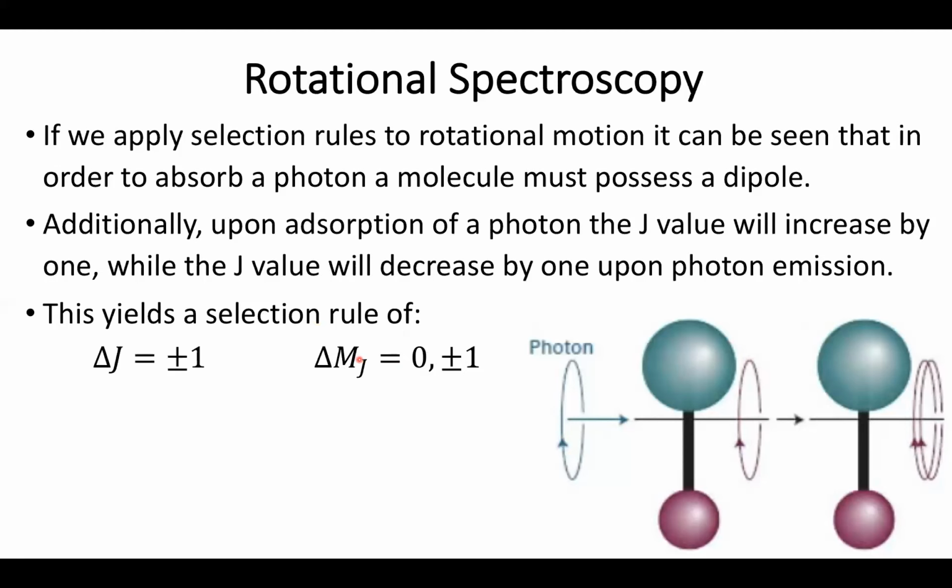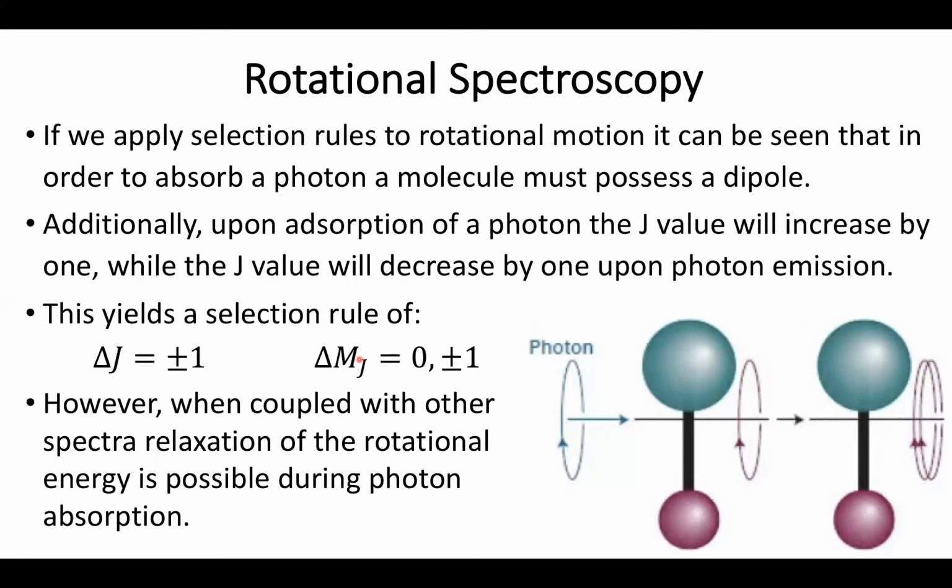One of the things that is a slight exception to this is that if I'm looking at a relaxation, it is going to be possible for our J value to stay constant.